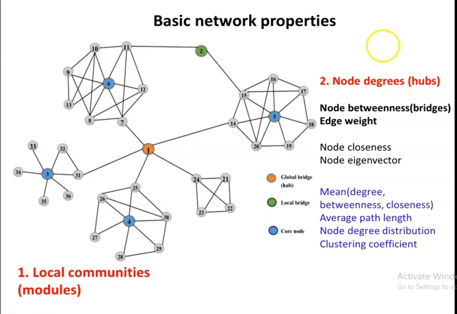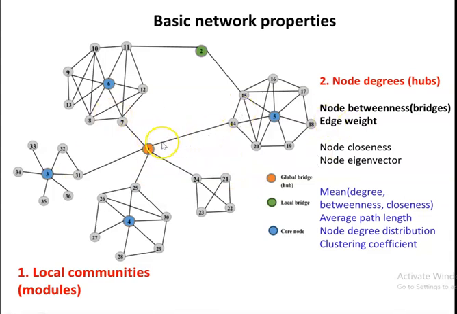So nodes with very high degrees are important for the maintenance of the structure of the network, and if you remove them, the network is going to disintegrate. Another property of the nodes is their betweenness measure. I'm not going to go much into details about that, because I want to make the introduction relatively short.